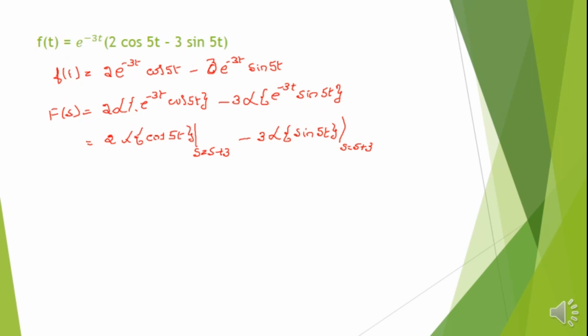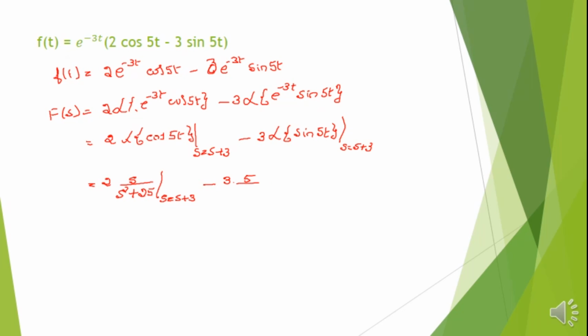That means the Laplace transform of cos 5t is s by s square plus 25 at s equal to s plus 3, minus 3 into the Laplace transform of sin 5t, which is omega by s square plus omega square.